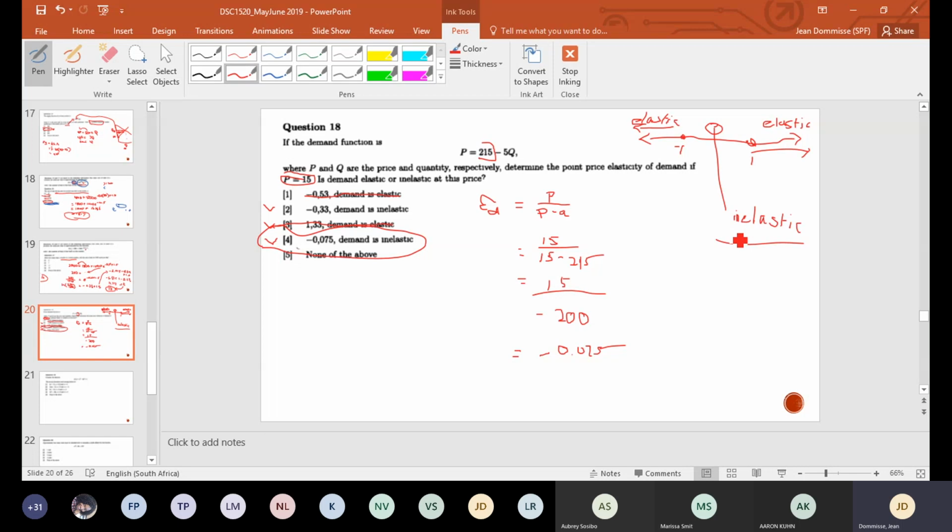Normally with this one, that formula, I think it is in the book. Let me quickly see, I think it is in your study guide.